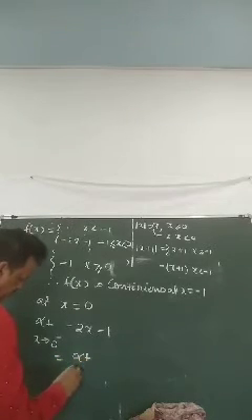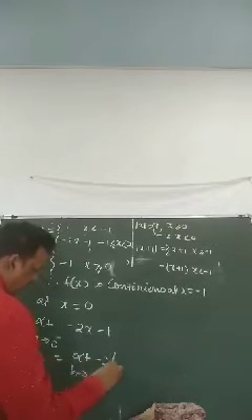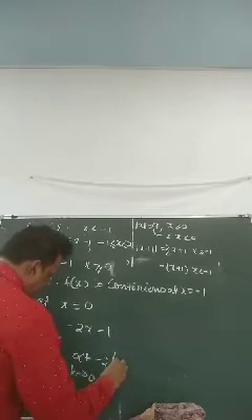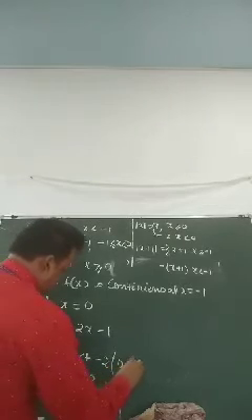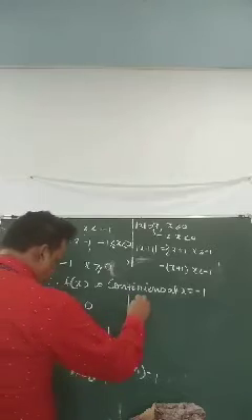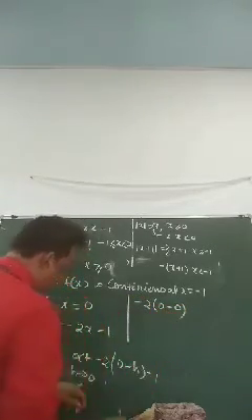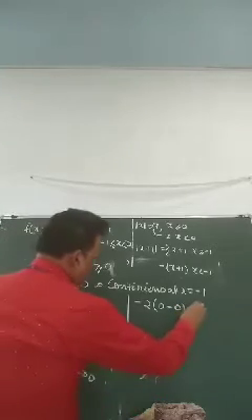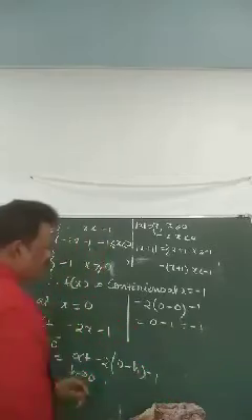Limit h tends to 0 of -2 times (0 minus h) minus 1. So that will be -2(0 minus 0), h we will put 0 here, minus 1, that is 0 minus 1, which is -1.